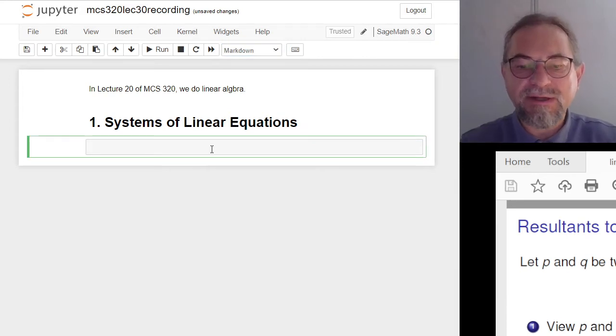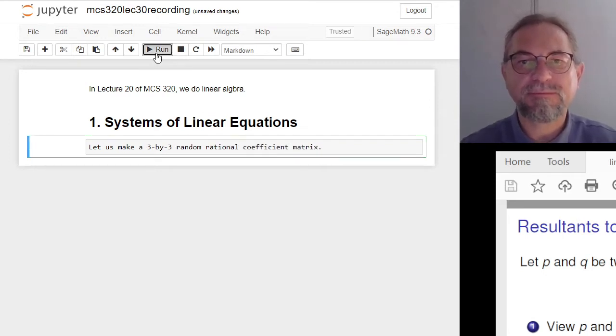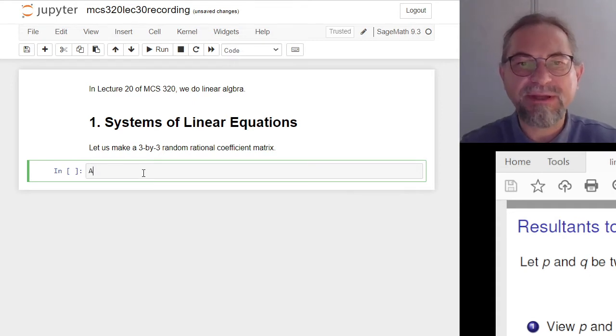So let us make a 3 by 3 random rational coefficient matrix. I will call this matrix A, and that will be our running example. So it's over the rationals.